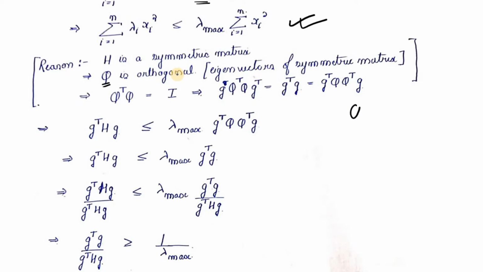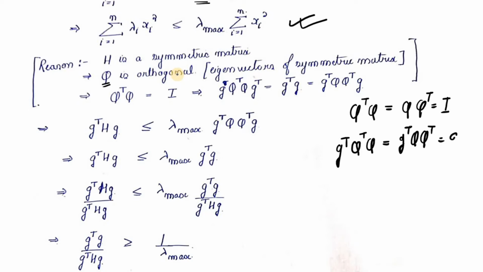And for an orthogonal matrix, Q transpose Q is equal to Q into Q transpose is equal to I. We can pre-multiply both the sides with G transpose and get this. And we post multiply with G to get this.